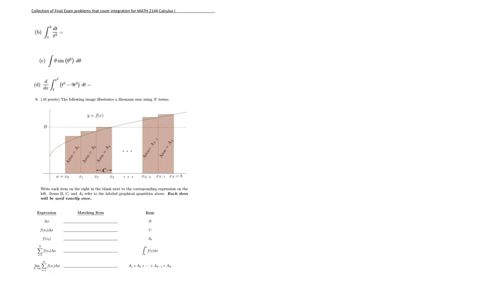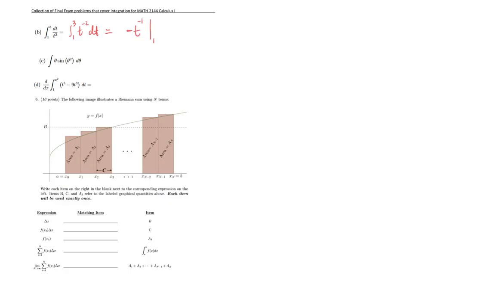Okay, here I want to find a definite integral of t to the minus 2. So I'm just going to rewrite this as t to the minus 2 dt. So I can just go ahead and find an antiderivative of that. I don't have to do a substitution or anything. So the power is going to go up by 1. So that'll be t to the negative 1. I'll divide by the new power, so that'll just make this negative.